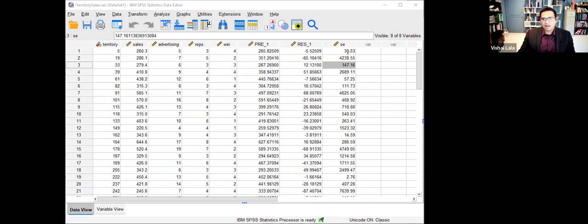Given a number like minus 5.52, you can figure out the percentage error. So the percentage error would be, in this case, minus 5.52 divided by the true value times 100.